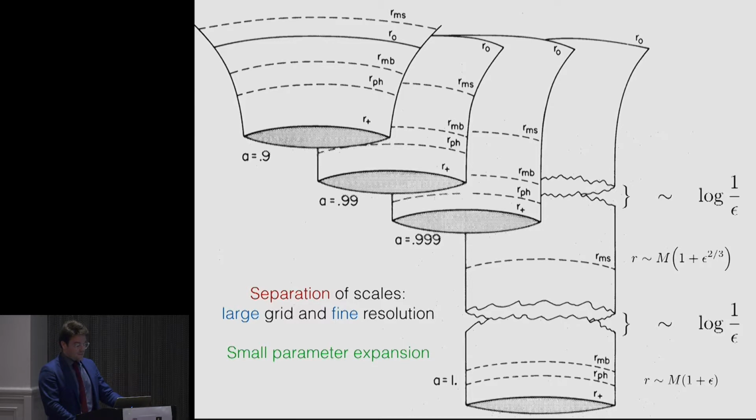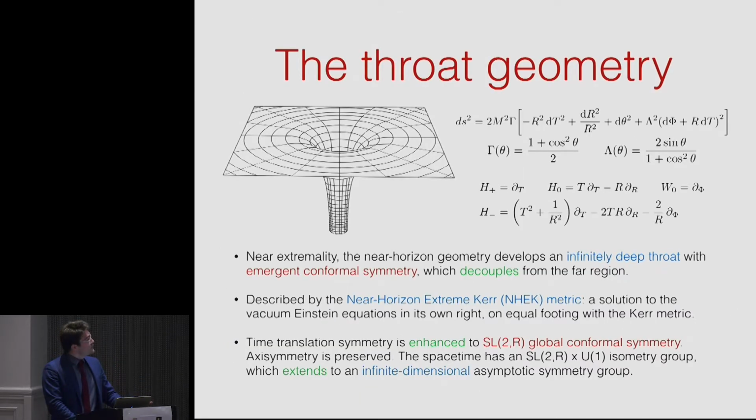So Bardeen and Horowitz, Gary Horowitz, who's going to be speaking soon, actually used this fact to expand the metric in epsilon, and they found that to leading order, the geometry in this throat is described by a different metric, which I've indicated here on this slide. I only have a few points to make about it.